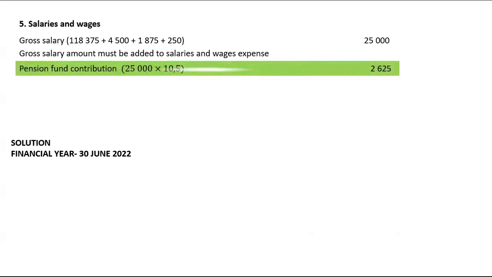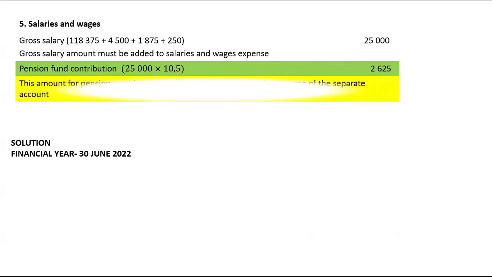We need to find those contributions. So since we have a gross salary of 25,000, pension contribution will be 10.5% of 25,000. It'll be 2,625. That 2,625 must be included in salaries and wages in the absence of a separate account. We are going to add it to salaries and wages.